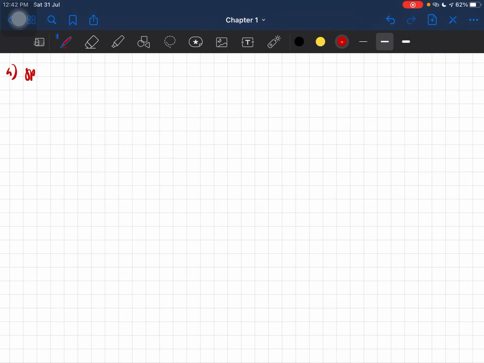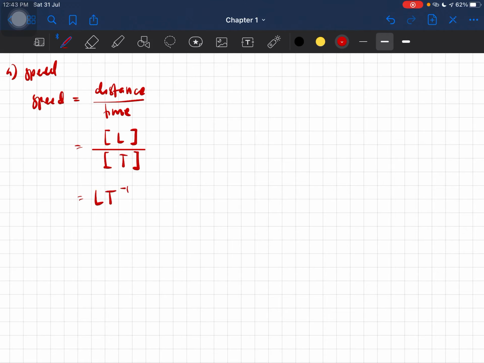Right, so first one is speed. We know that speed is equal to distance over time, right? Okay, so from here we know that the dimension of distance is equal to L, which is length, over time, which is capital T. Okay, then we can write it like this first, L T negative 1.